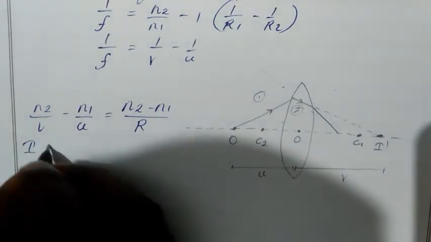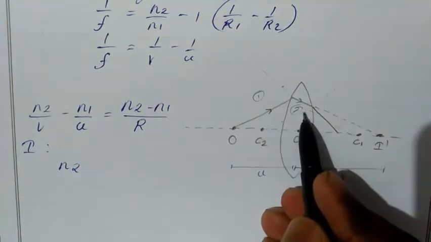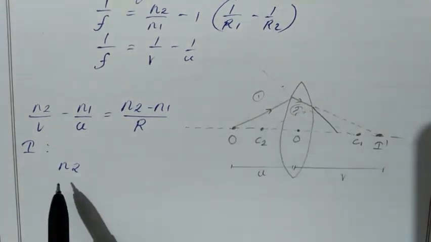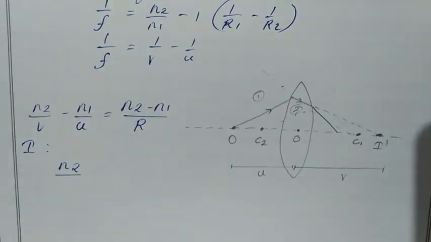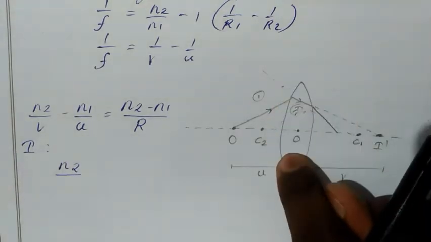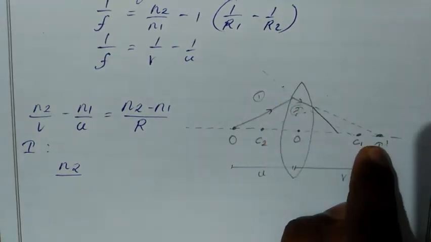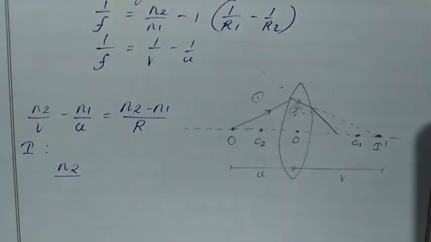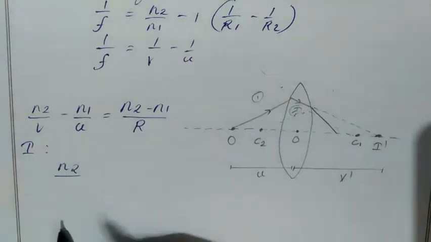So we take the second refractive index divided by the image distance. For the first interface our image is formed here. The distance is actually V dash, not V, kindly change it. So our image distance is V dash.